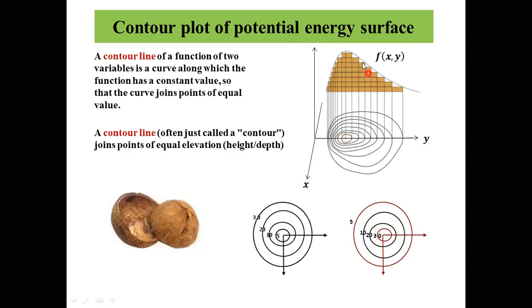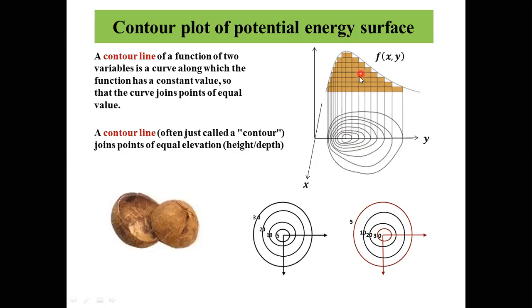On the other hand, if you look at this side, the contours are not that closely spaced. So if I'm going from one contour to the other, the slope is going to be much less compared to this, right? So the contour itself gives you some idea about the 3D function.